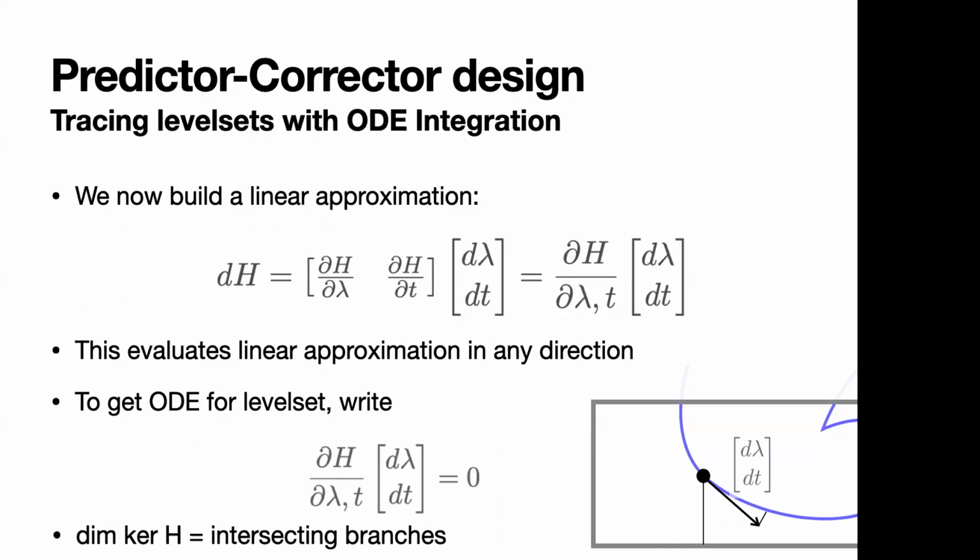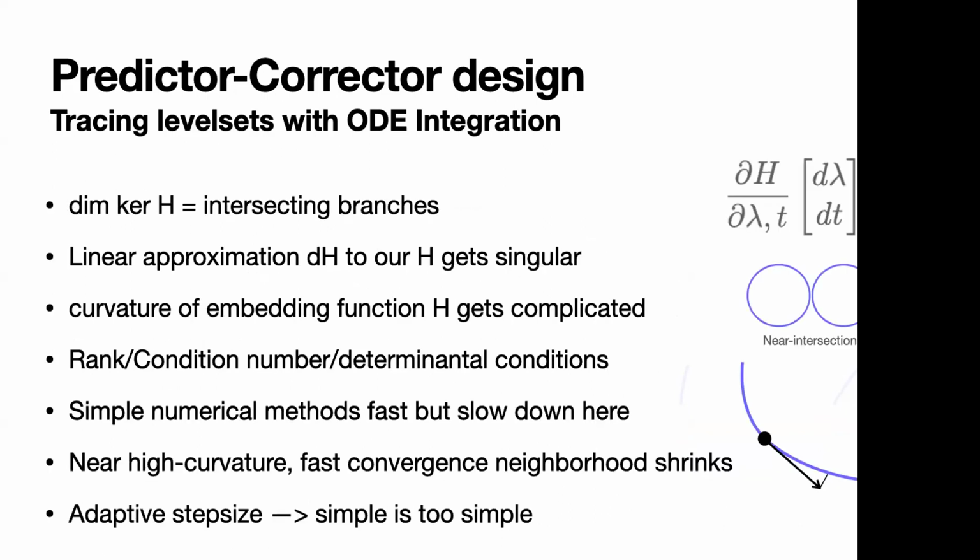So when you have those branches, the linear approximation to h gets singular.